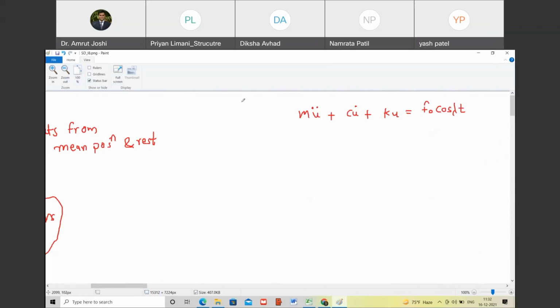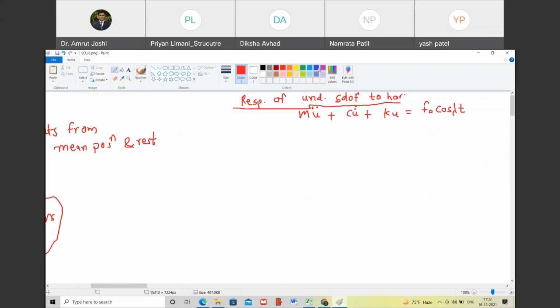We are looking at the response of an underdamped single degree of freedom system to harmonic excitation. This is what we are looking at. Are you with me? Chalo. So let us write down, and then we will talk about, of course, the resonance phenomenon.